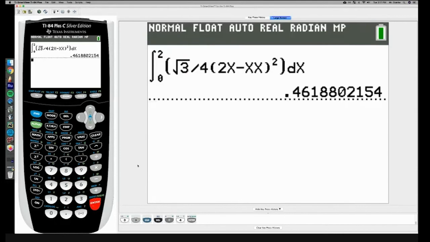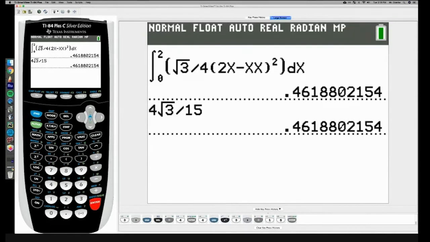Ugh. Okay, 0.462 basically. So let's try that out here. So it's 4 times the square root of 3 divided by 15. Yep, it works. Cool. So we know that that's the answer. Nice.